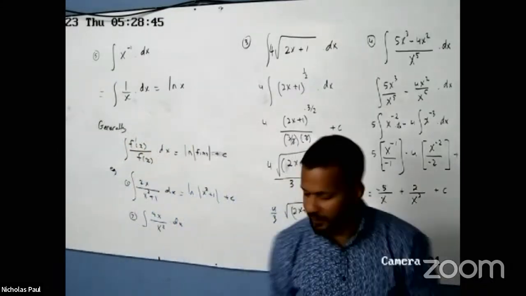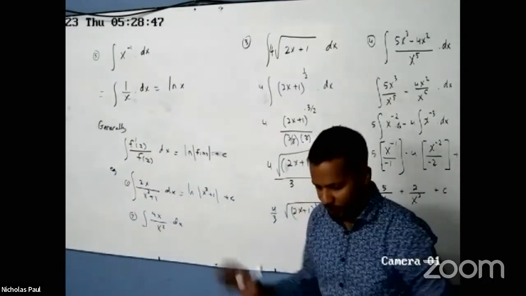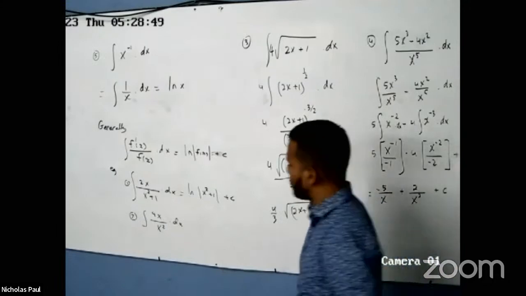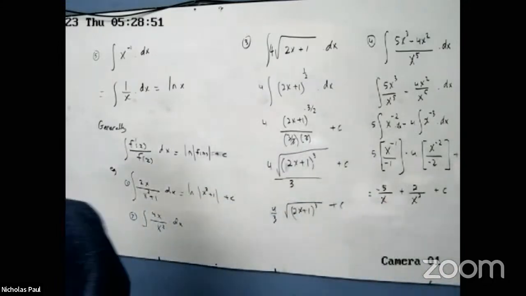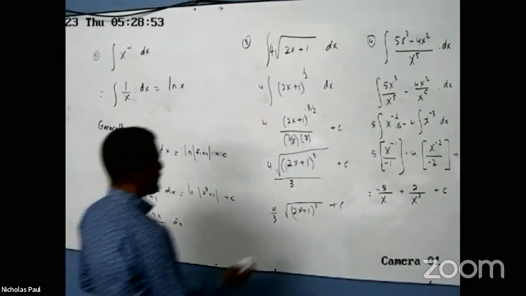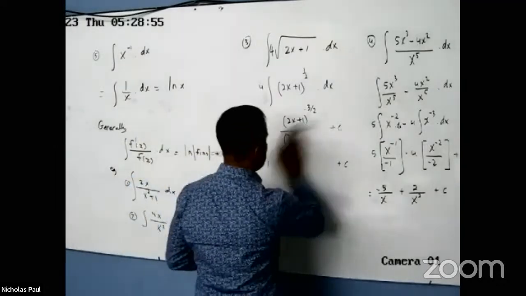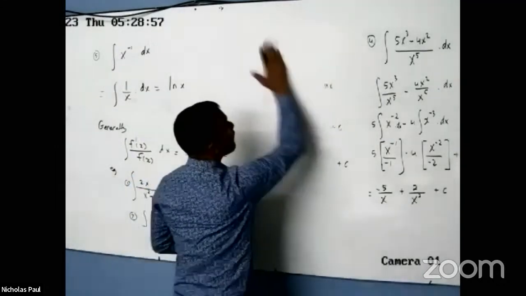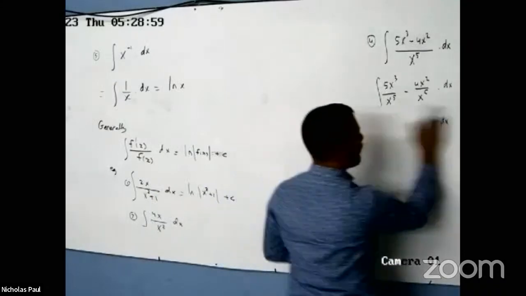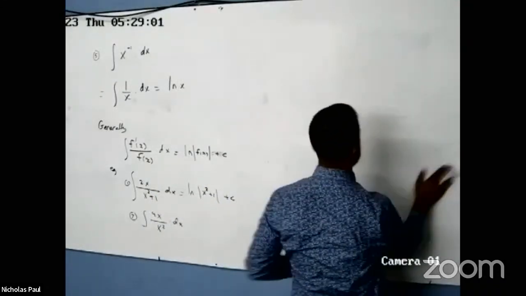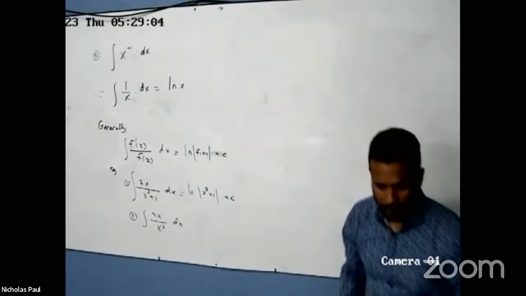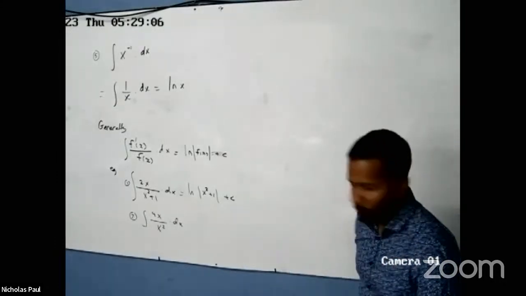What do you think is the integral of 4x over x squared? I'm only giving you one of that, or two. I'll give you one more. How are we doing that?